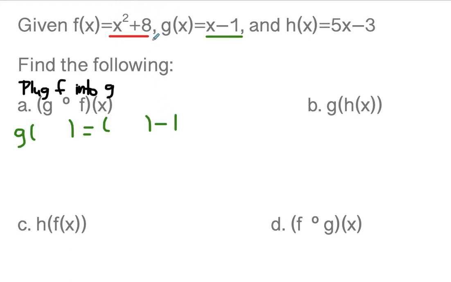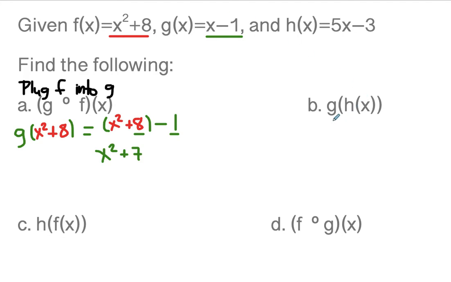Well, I'm replacing it with x squared plus 8, because that was the value of f. All we have left to do from here is to simplify. There's no like terms with the x squared, so I'm just going to bring it down. And then the 8 minus 1 is going to give us a plus 7. So this is my final answer for A.